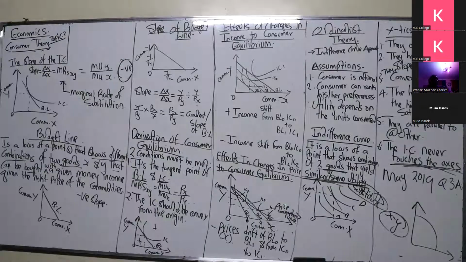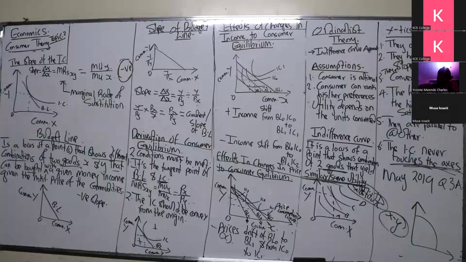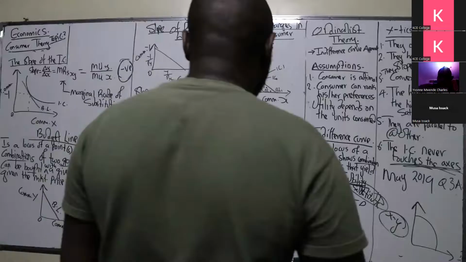I can see Caro, Felicia, Mora, Masi, Pauline, Omuru, Yvonne Mwende, Charles, Musa, Isaac. If you have a question, you can type there. Are we understanding?